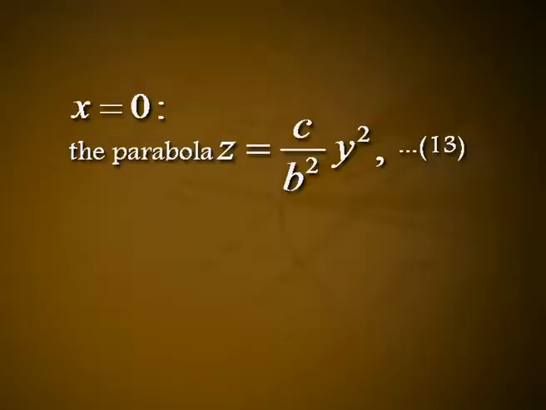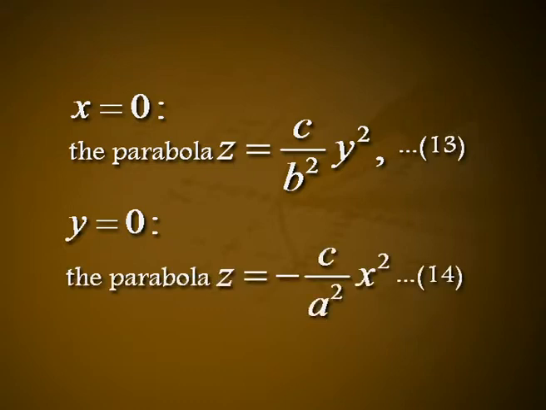The sections in these planes are x is equal to 0, the parabola z is equal to c by b squared into y squared, equation 13, and y is equal to 0, the parabola z is equal to minus c by a squared into x squared, equation 14. In the plane x is equal to 0, the parabola opens upward from the origin. The parabola in the plane y is equal to 0 opens downward.